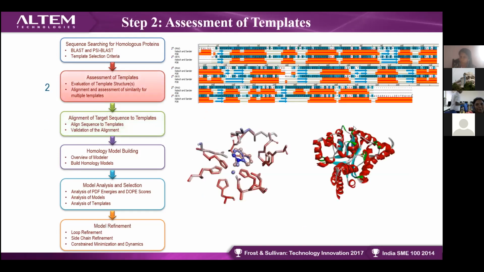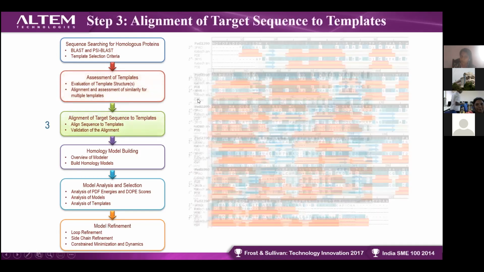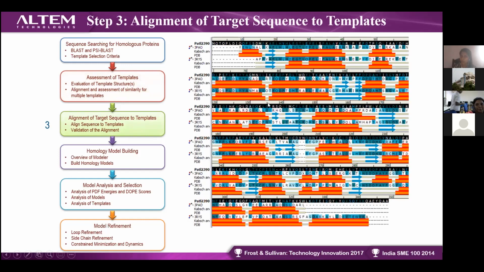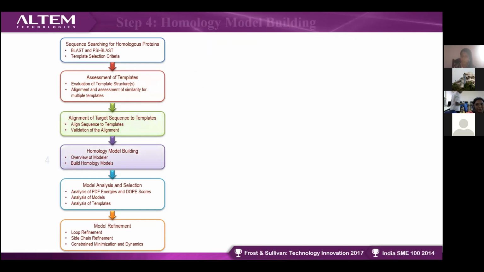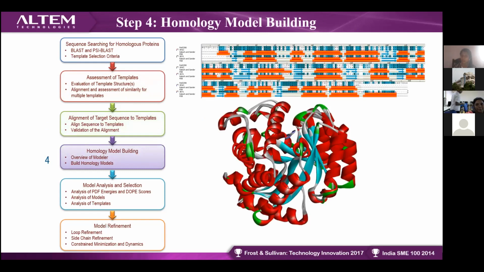Once you have it, you will align your sequence to that template. Once aligned, you have to validate the alignment, and then you will build your model through homology model building using Modeler.